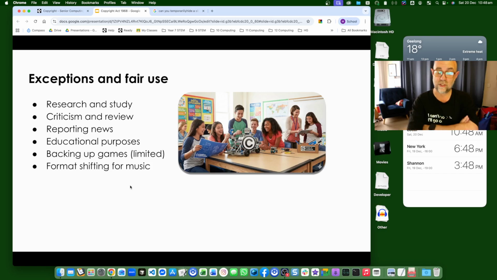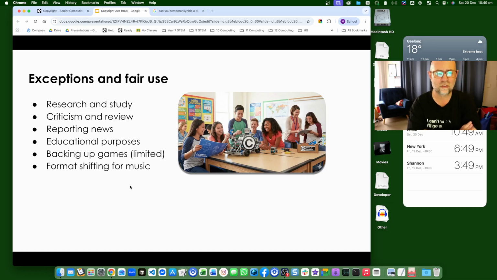Format shifting for music, this has actually changed over the years. I can get my vinyl records and I can record them onto cassette or onto CD or onto MP3s, and likewise I can burn my MP3s onto CDs and so forth. I can only use them within my household. I can't share them with other people. I can't say, hey, I burnt you a copy of this. Now, I'm aware that people do this all the time.